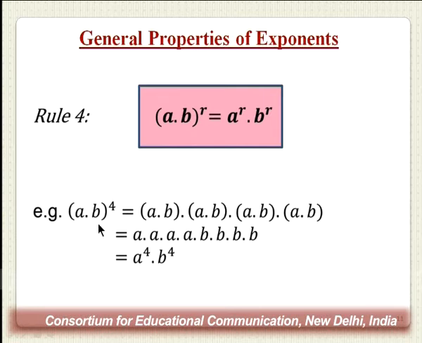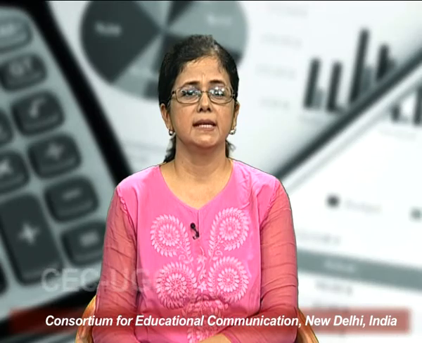So if I take (a times b) to the power 4, this is to say that a times b is multiplied by itself 4 times. So if I do that, I can then collect all the numbers a, so that will be 4 times, and again the number b will also appear 4 times, and that gives us a to the power 4 times b to the power 4. I hope this is making sense.